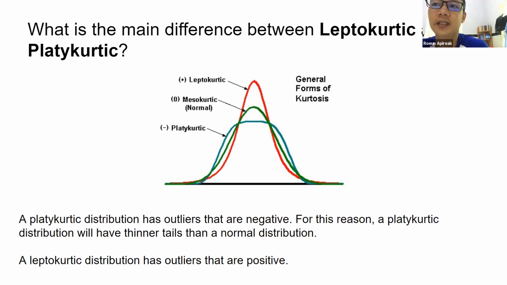As I see, one lecture text refers to the kurtosis value, which is negative, and the other lecture text refers to the kurtosis value, which is positive. Yes, got it.